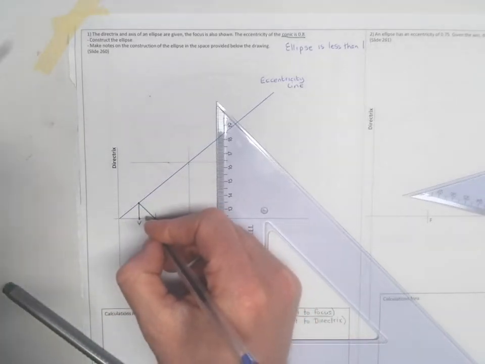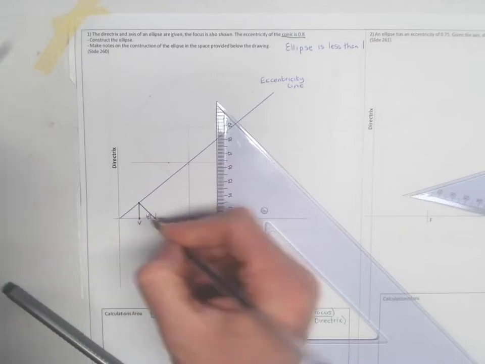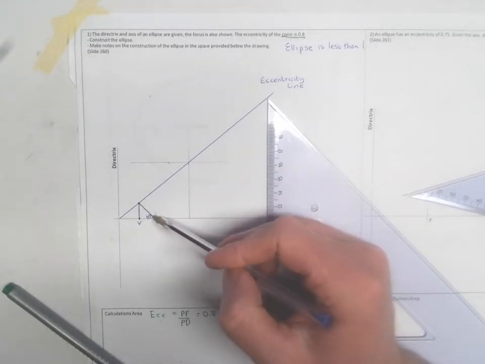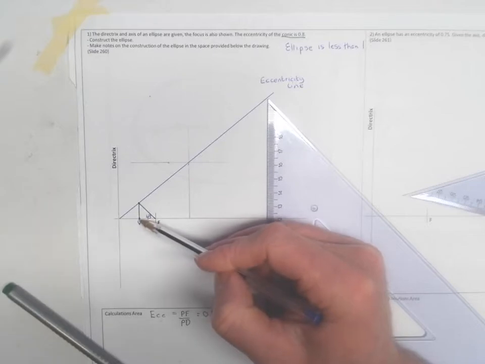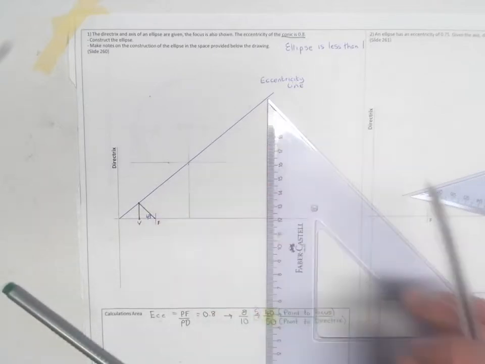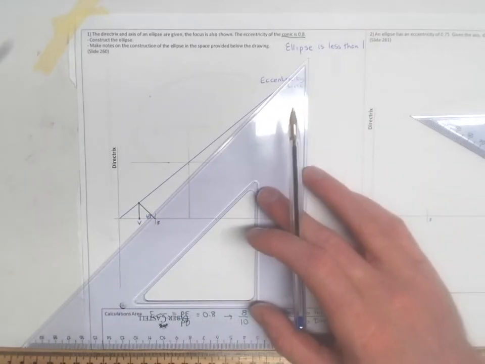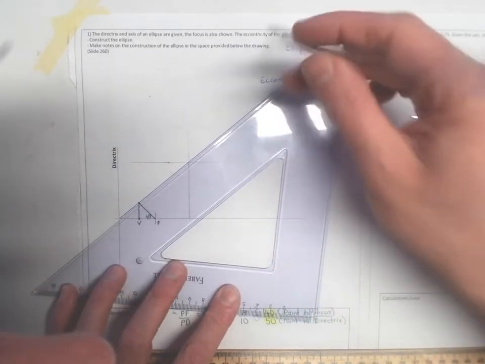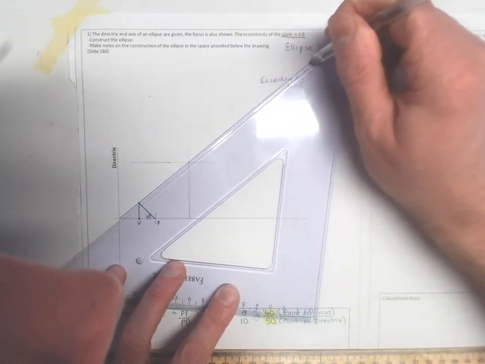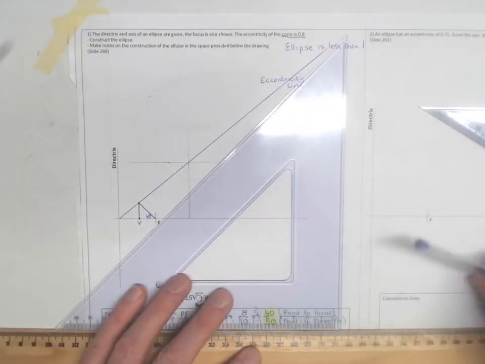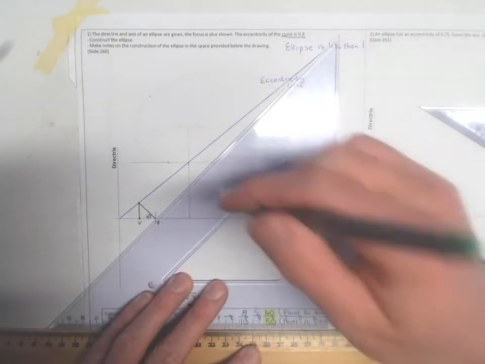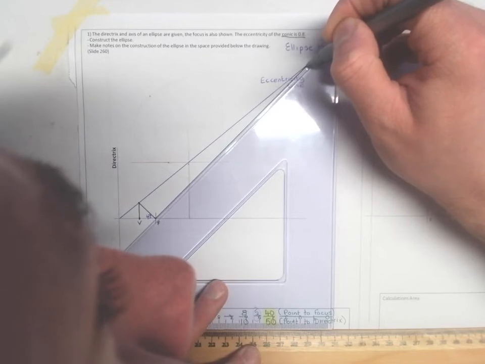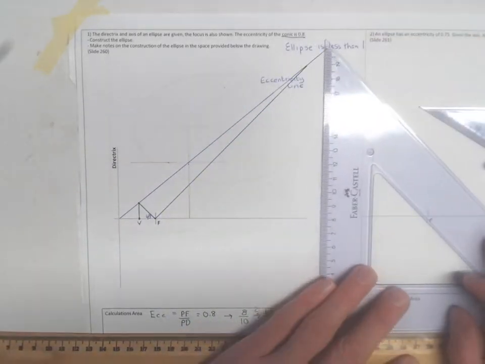So that angle there is 45 degrees. That's the same for every conic, even the parabola and hyperbola. If you go back at 45 degrees, drop a line down, that will find your vertex. We can do the same thing on the other side. So if I draw a line at 45 degrees, I might need to extend it out a little bit, to hit your eccentricity, drop it down.